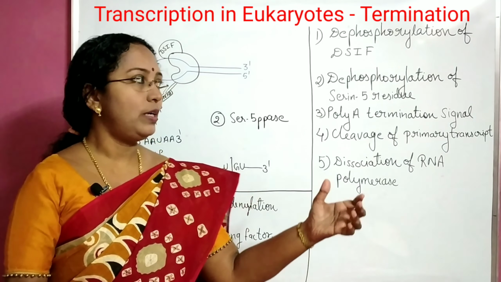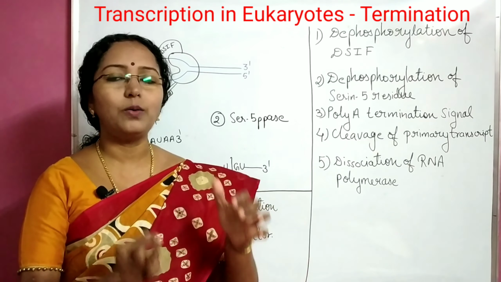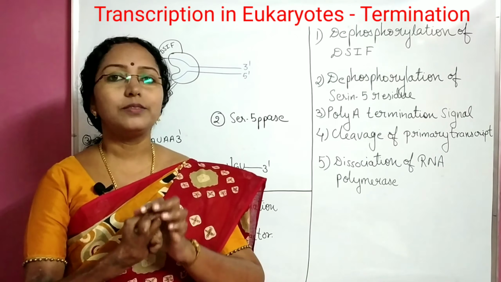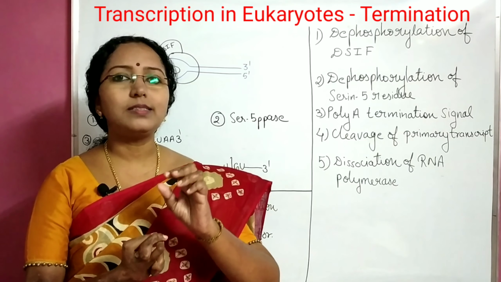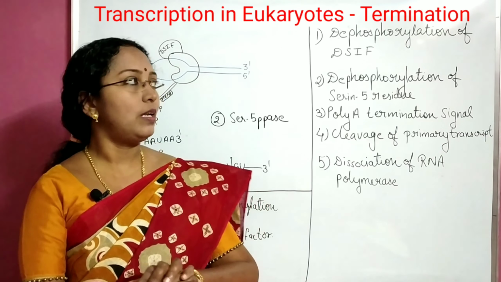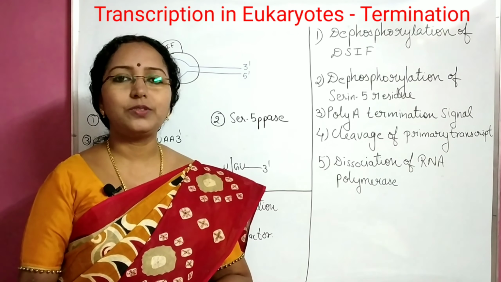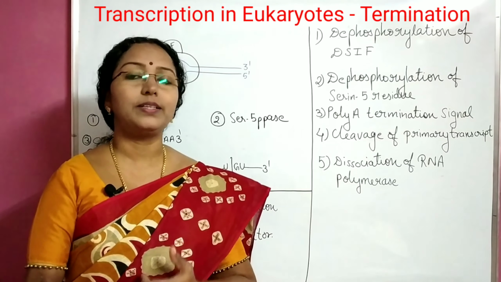Now we are dealing with how this transcription is getting stopped all of a sudden. It's a bit complex process, but we'll learn that under heads so that it will be easy for you to grasp, understand and recollect.